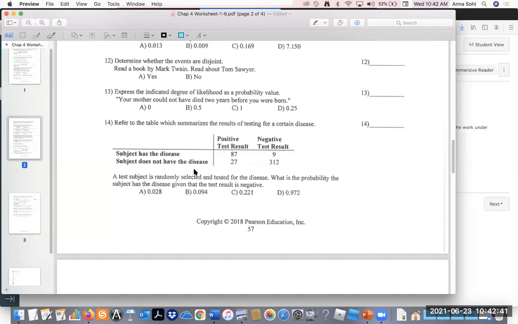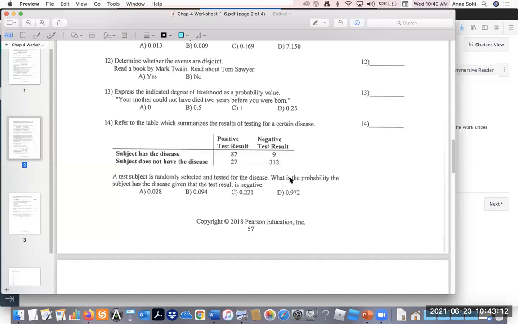So it says, has the disease, given the test result is negative. So test results negative means you went to the place and you got your test results negative. So that's the given situation.